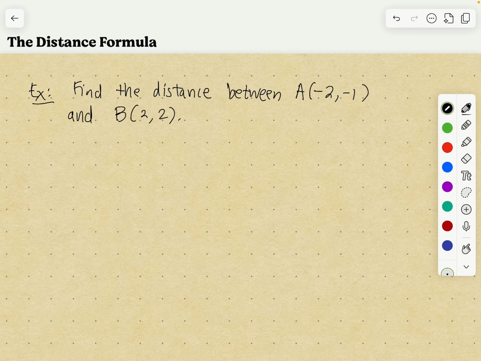Let's draw a picture of these points. So let's say I have the origin here, and A is (-2, -1), here.